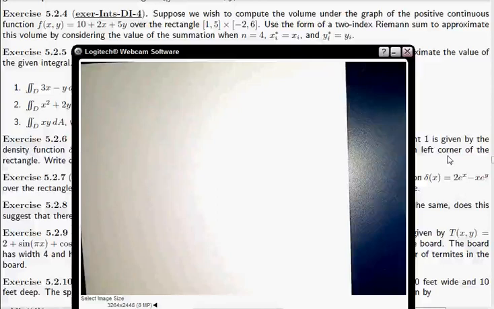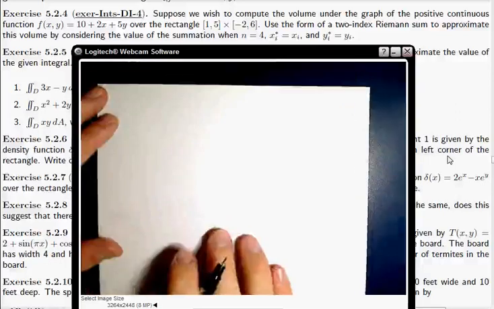Okay, so DI4. This is really a matter of keeping straight all the different formulas that go into defining xi, yi, xi star, all that kind of stuff. So we're computing the volume under the graph. We're computing a double integral. In other words, we want to compute this Riemann sum.